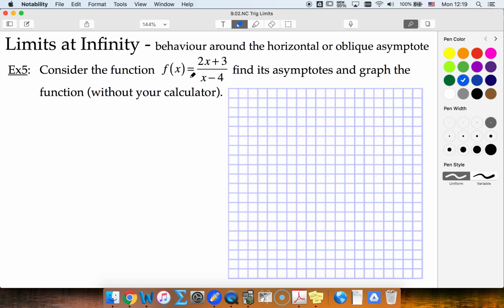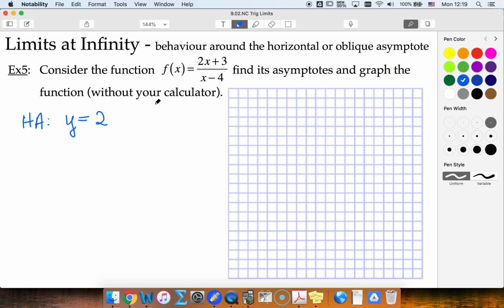So if you remember, we've got same order, which means there is a horizontal asymptote, not oblique. Oblique asymptotes happen when the order of the numerator is greater than the denominator. But here our horizontal asymptote is going to be y equals 2.